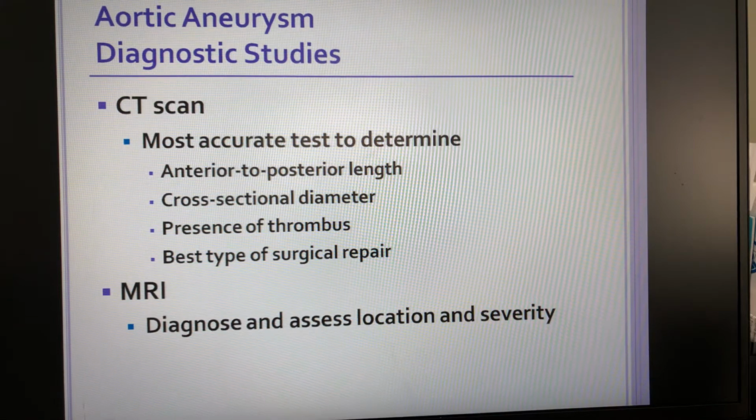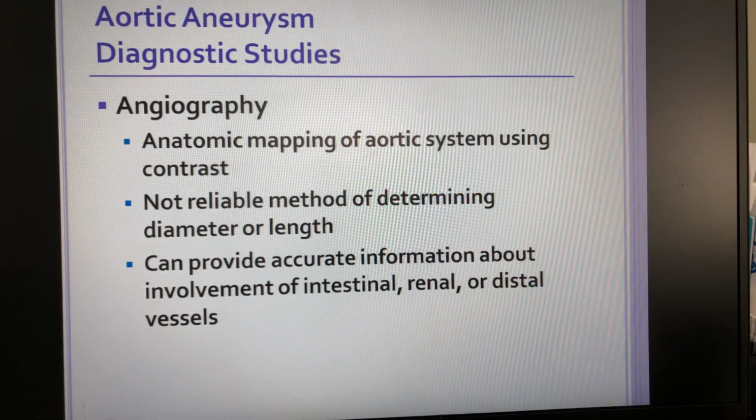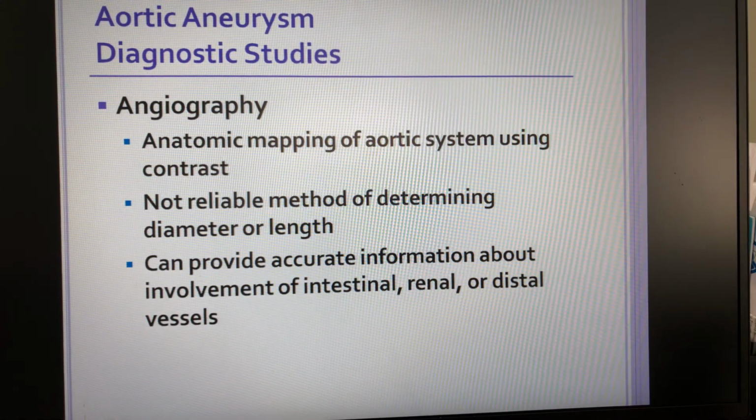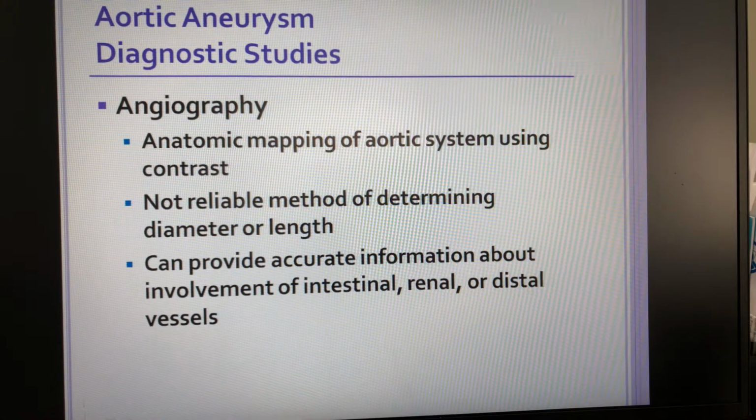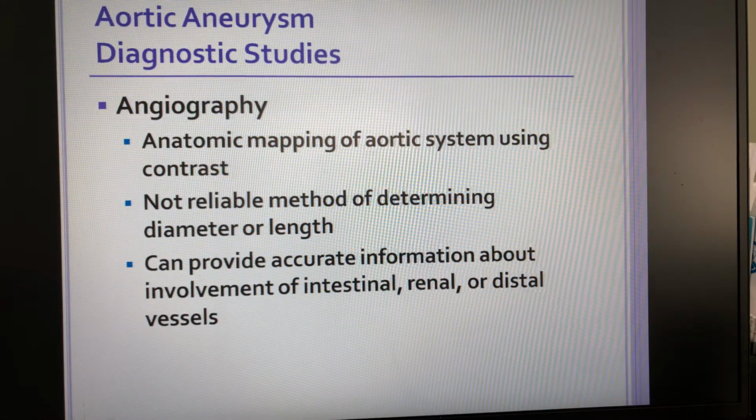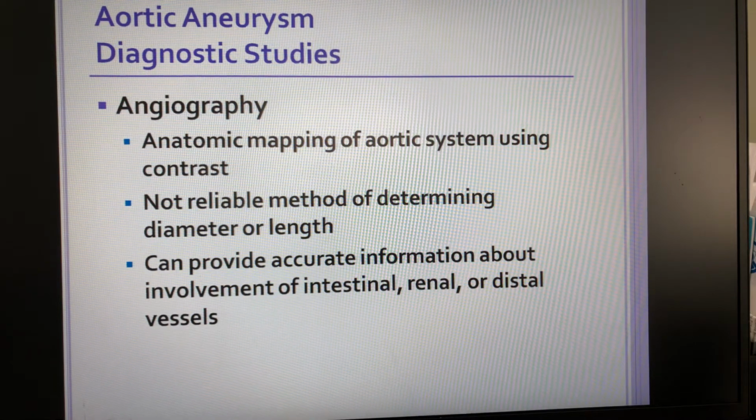We proceed with angiography, which is useful, especially if you have a suprarenal or thoracic abdominal aneurysm. If either of those are suspected, angiography will be a good source for that.